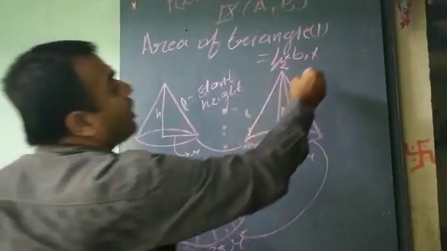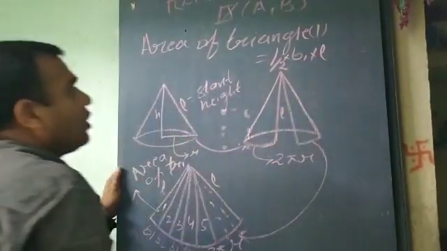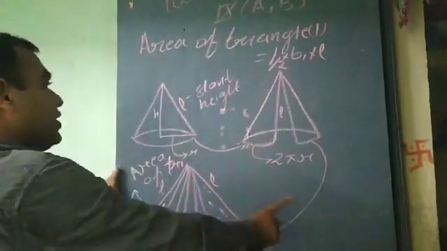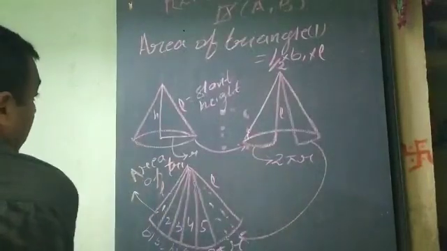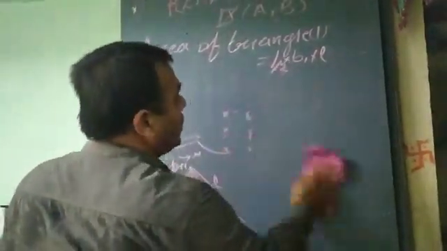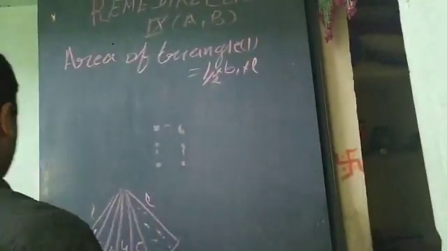This one is the slant height, that will be L. So we will add the areas of a large number of triangles, finding them in the same way.